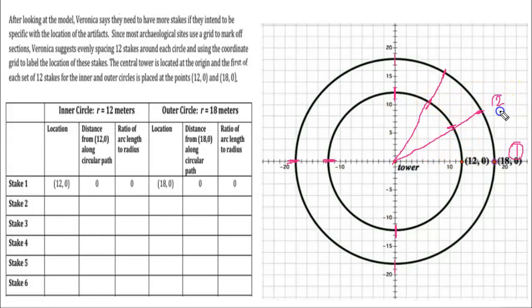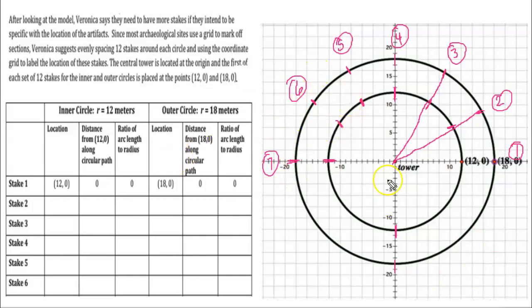So this would be stake 2, this would be stake 3, that means this is stake 4, and now we can try and divide this one into 3 equal slices, and we'll get our stake 5, our stake 6, and our stake 7.